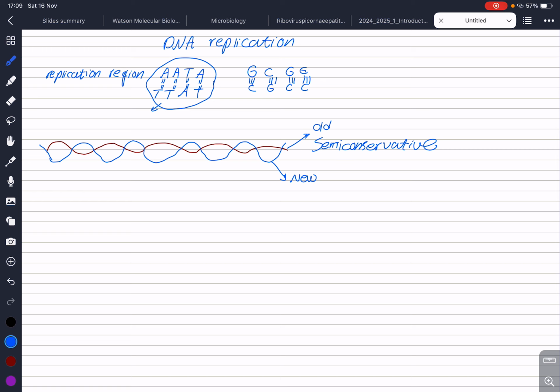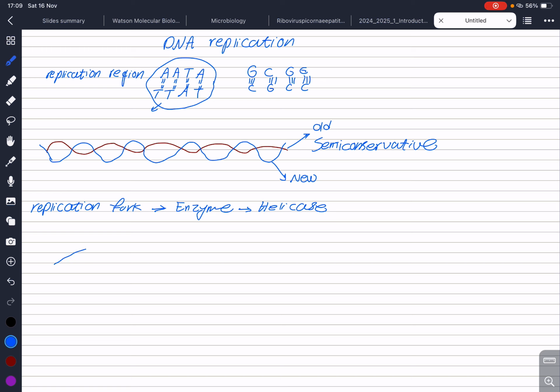So at first, these 2 strands should be separated from each other to make a replication fork. But how does it happen? By the help of an enzyme whose name is helicase. Helicase will break the hydrogen bonds between the 2 strands.